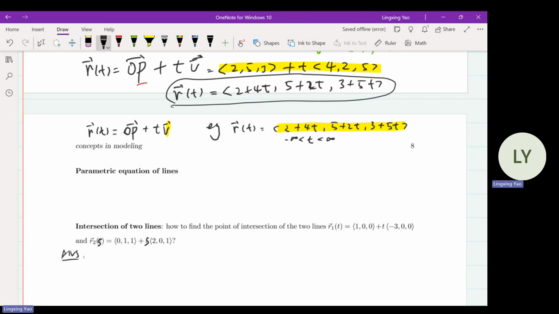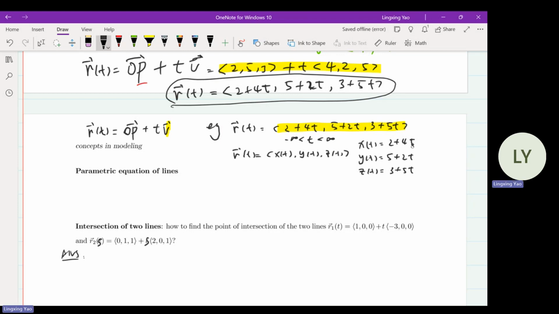That point is on the line, and it has a coordinate in xyz. So we should write this as x of t, y of t, z of t, where x of t is 2 plus 4t, y of t is 5 plus 2t, and z of t is 3 plus 5t.